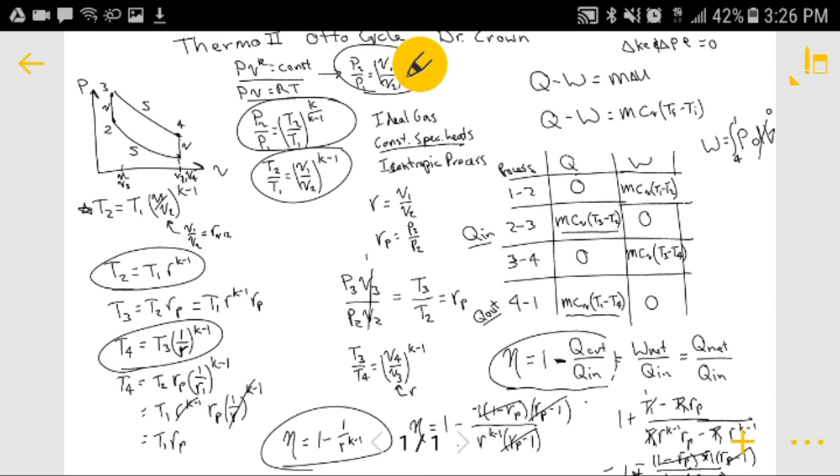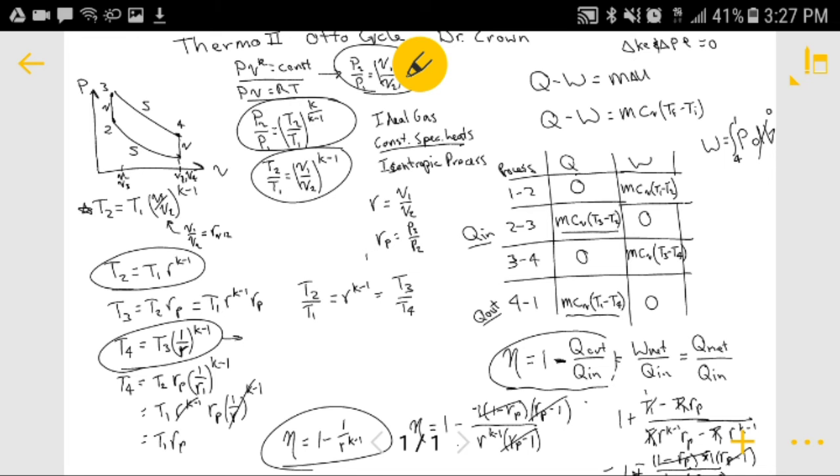So let's give ourselves a little room here. I've got T2 over T1 equals r to the k minus 1. And I could rewrite this as r to the k minus 1 equals T3 over T4, just by multiplying both sides by r to the k minus 1 and dividing both sides by T4.